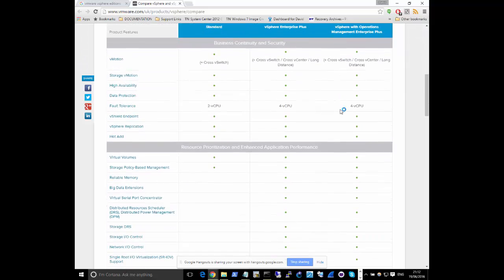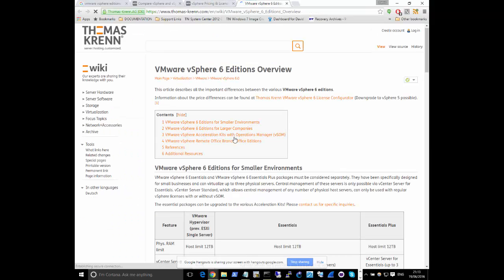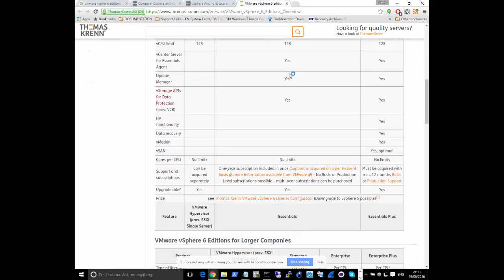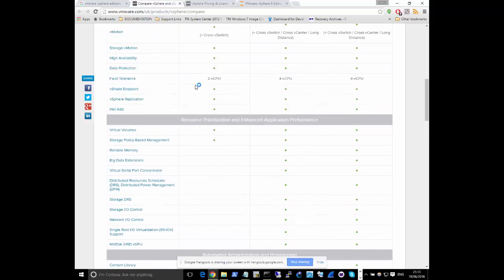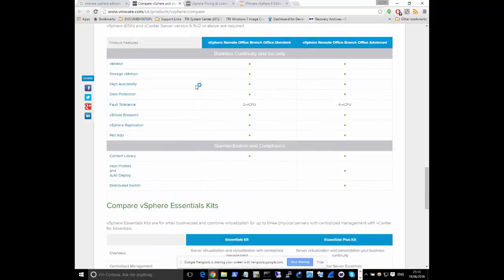So have they retired the VMware vSphere Enterprise then? Yeah, so we're still talking about these, Standard and Enterprise Plus. The last study I did, they still had Enterprise and Enterprise Plus, but I'm wondering why on their website I can't see Enterprise here. I can only see Enterprise Plus.